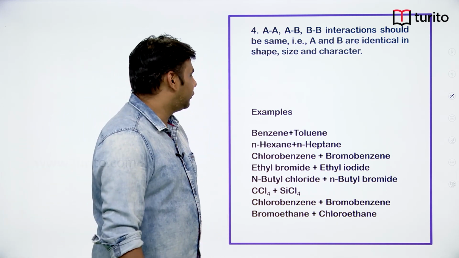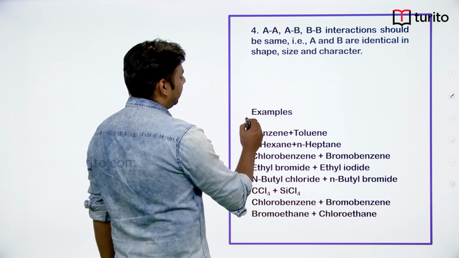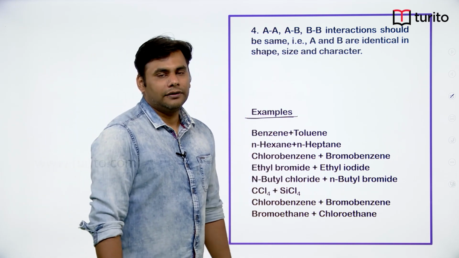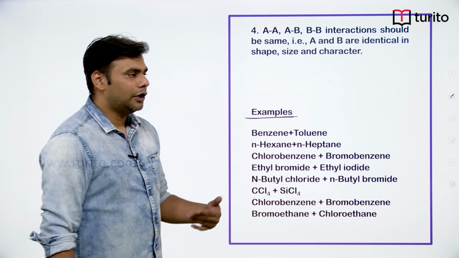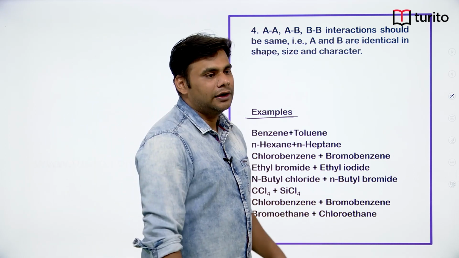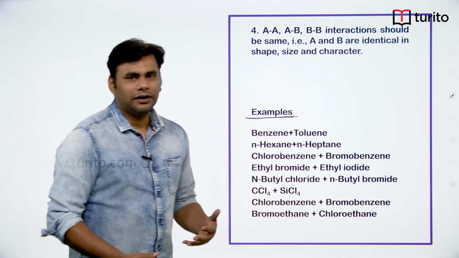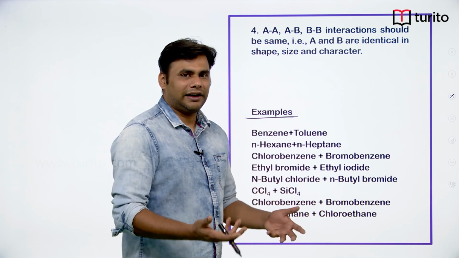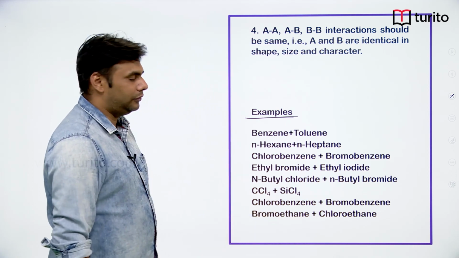Okay. So the examples, now examples are important. So if we mix benzene with toluene, benzene is basically C6H6, toluene is a methyl group attached to benzene. Both of them are almost similar, they are non-polar, sizes are similar, character is also similar, so they will form an ideal solution.